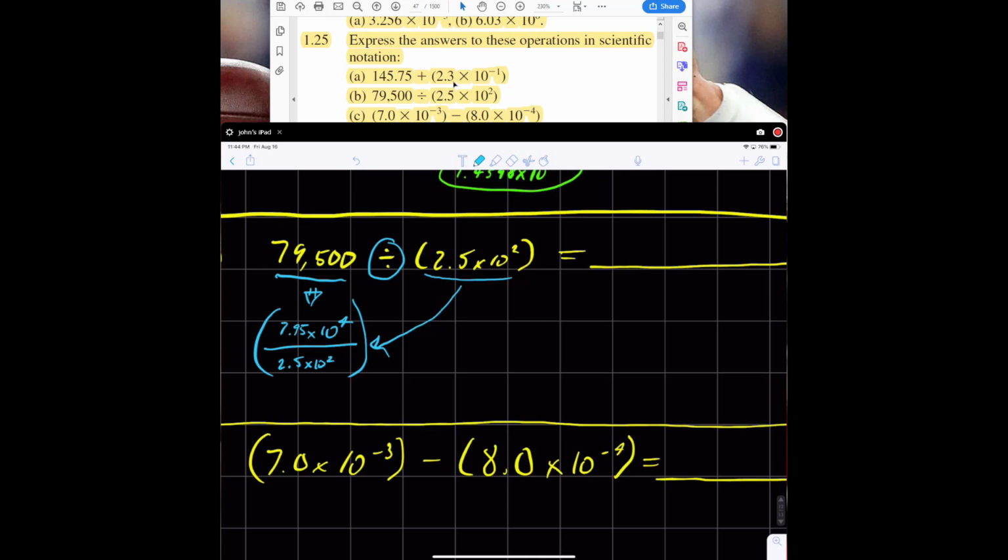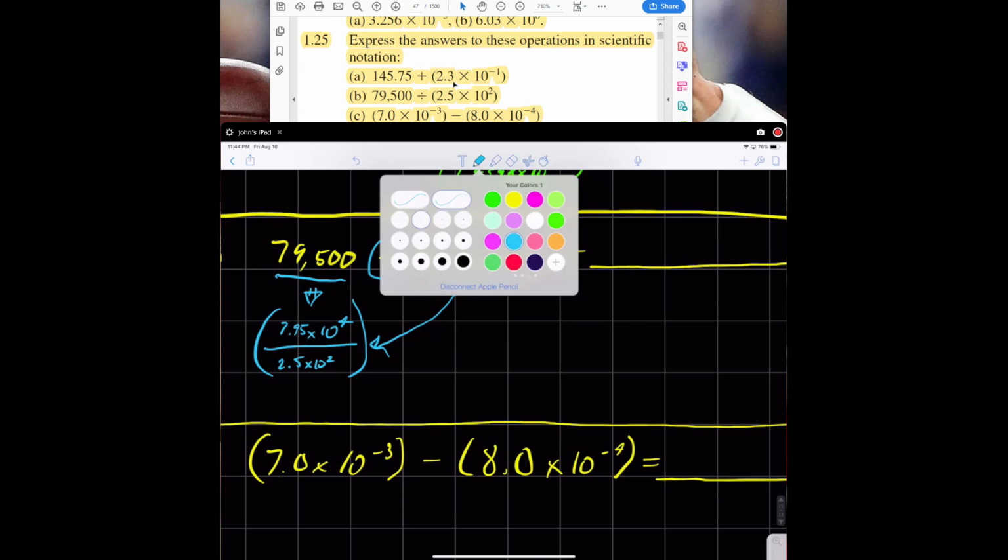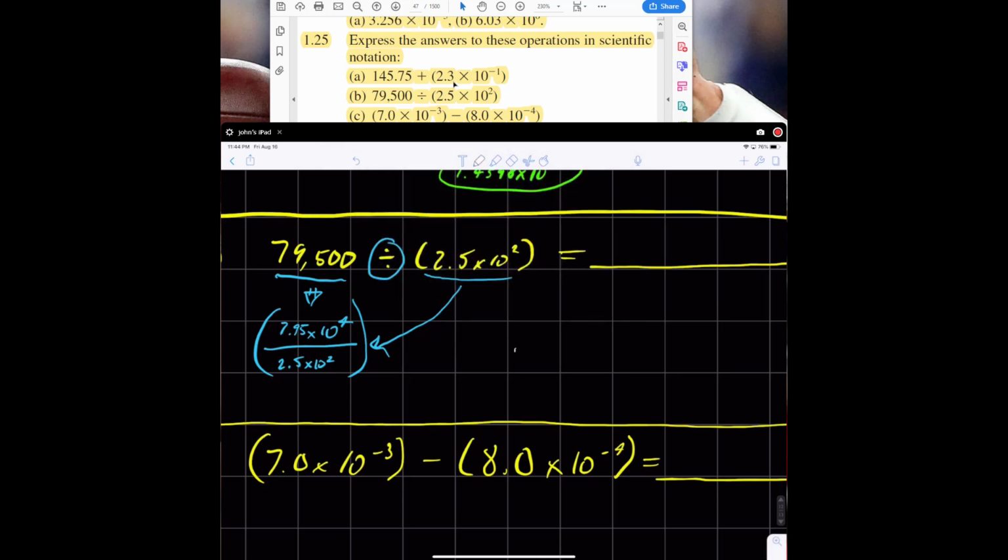So at this point, we can use the rules of division, or the division rules for exponents. Since we have a positive 4 as the numerator exponent, and then we have a 2 for the denominator's exponent, we simply just subtract. We have 4 minus 2, which would equal 2. Whatever answer that we get, our n is equal to 2.